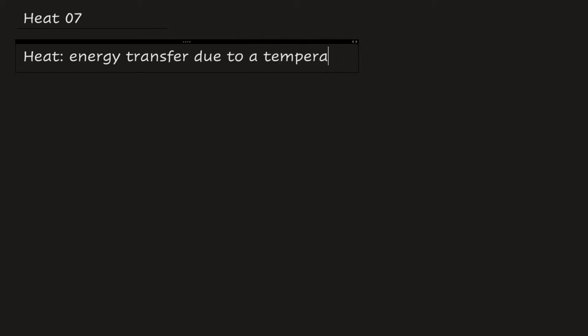But to get to that question, we'll start out with a definition of heat as energy transfer that's due to a temperature difference. And we'll look at one of my favorite examples, a can of beans.